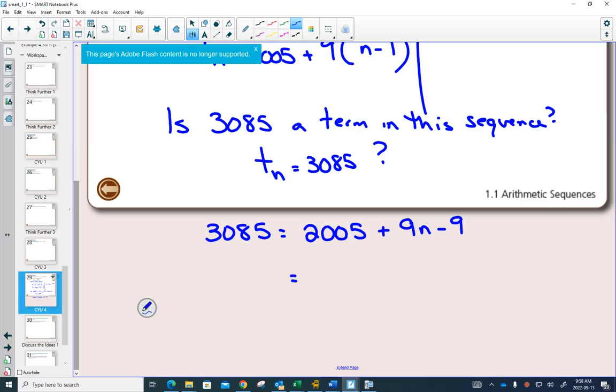Do you see that you would like to get the 9n by itself? We're going to move the 2005 over. We're going to move the 9 over. So 3085, I'm going to subtract 2005. I'm going to add 9. And I get 1089 equals 9n. Divide both sides by 9. And n works out to a perfect whole number.